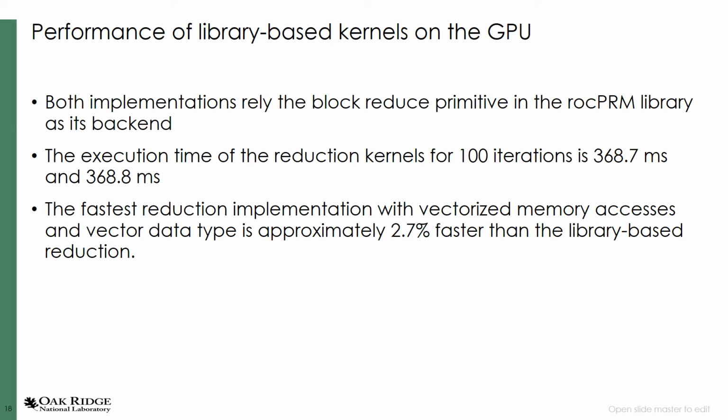The execution time of the reduction kernel for 100 iterations is 368.7 milliseconds and 668.8 milliseconds for the implementations using rocThrust and hipCUB respectively. Hence, the fastest reduction implementation with vectorized memory access and vector data types is approximately 2.7% faster than the library-based reduction.